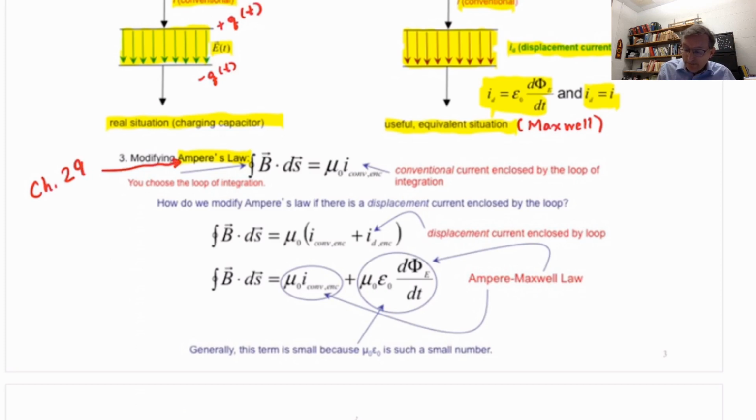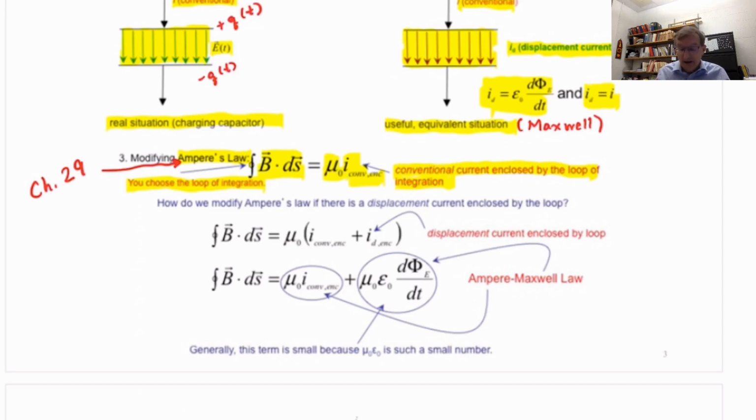When you integrate magnetic field around a closed loop, choosing the loop of integration, the result will be proportional to the conventional current enclosed by that loop. Conventional current now, I'm emphasizing that. And the proportionality constant is mu0.